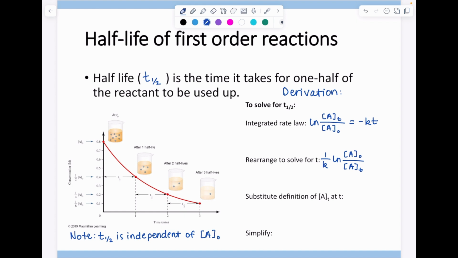So I've switched that fraction, I'll explain why, and this is equal to the time.